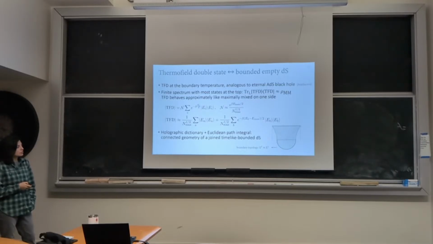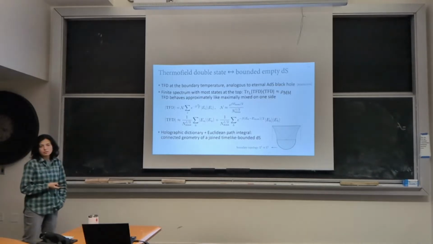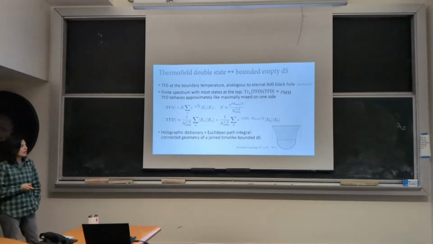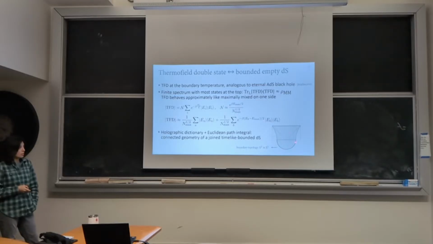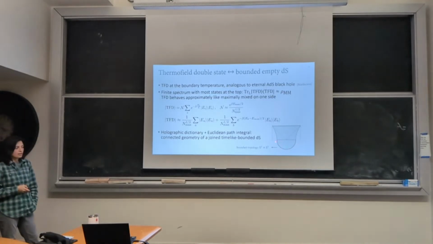And the geometric construction of this state is very much like the eternal black hole. The idea is that the boundary here has the topology of S1 plus S1, so we can think of the state configuration that is prepared on this boundary by the Euclidean path integral of the boundary theory.